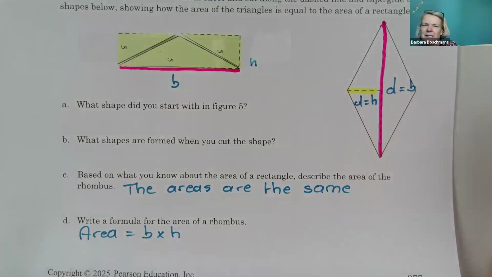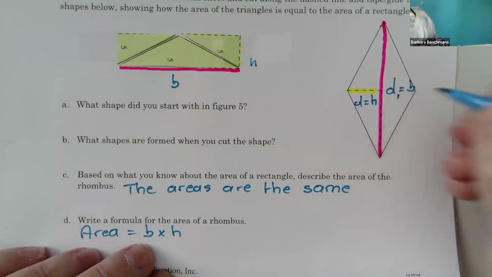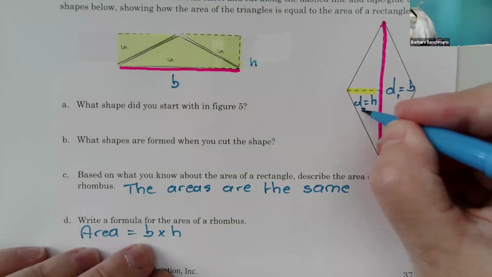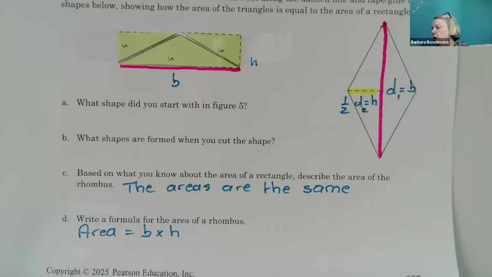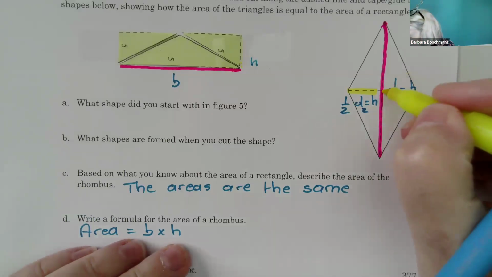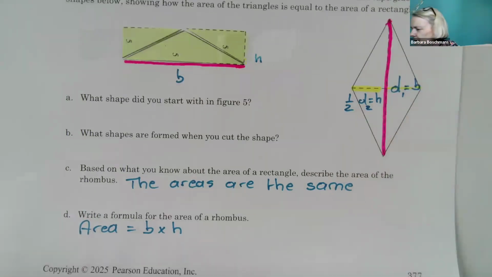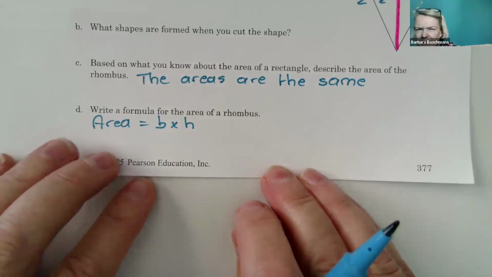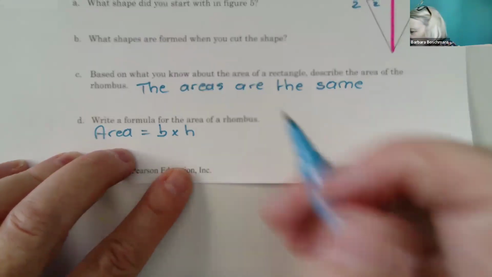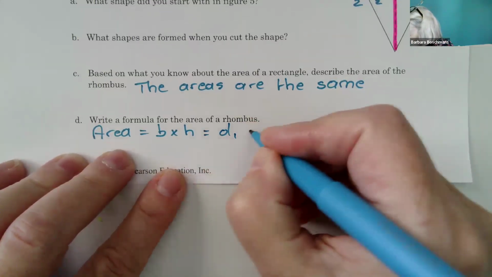So having two D's is confusing, therefore we call this D1, and this D2, but we only have half. D2 would go all the way across, right? Like it would keep going all the way over here, and we only use half of it. So what does that mean down here? My base is now D1.